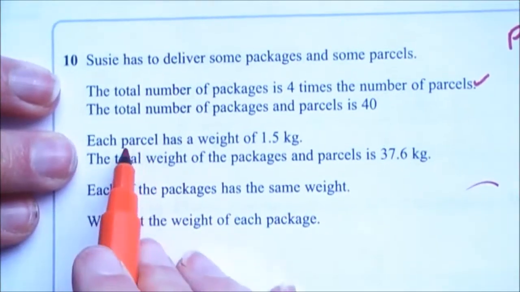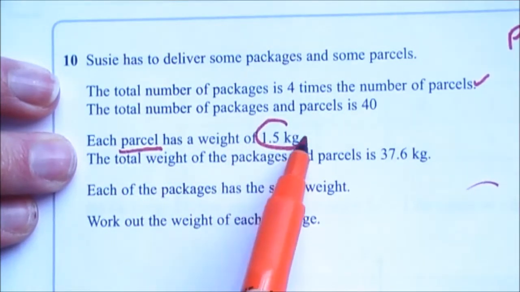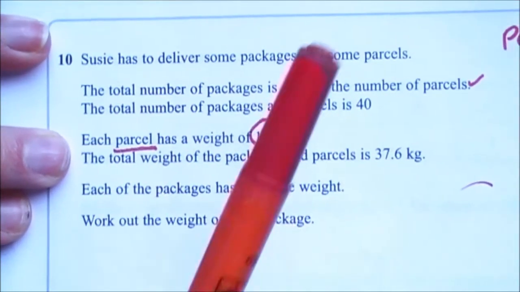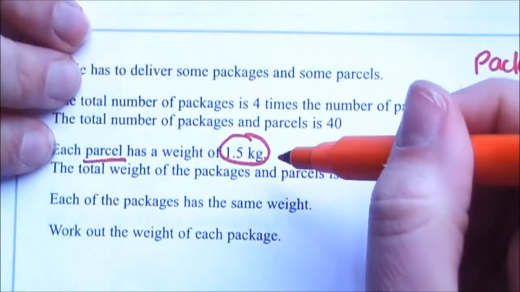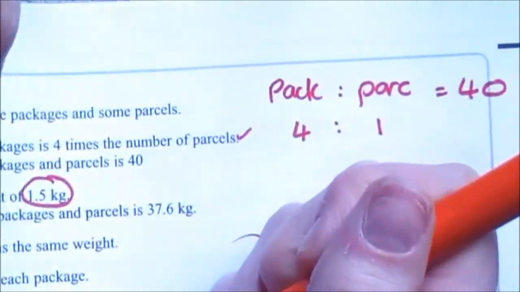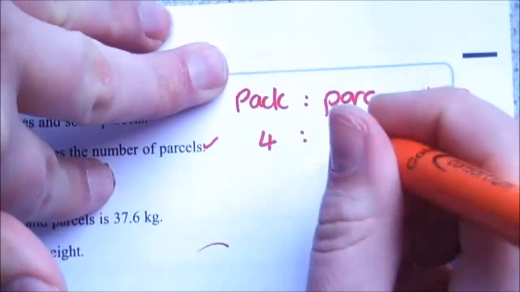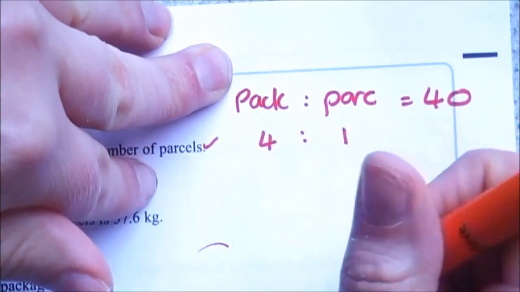Each parcel, so that's just the parcels, each parcel has a weight of 1.5 kilograms. Now, before I can do anything with that, I need to know exactly how many of the items she had to deliver are parcels. So this is where ratio comes in. So I want to find out what 1 part of each of these is worth.